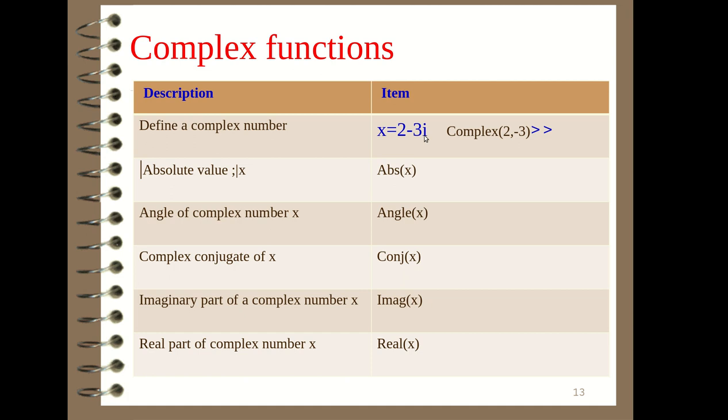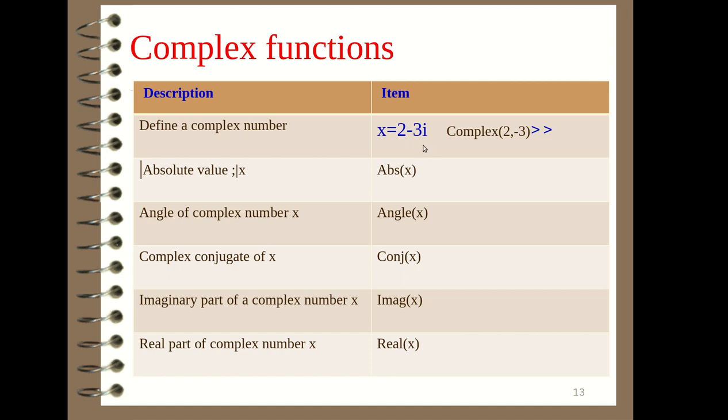So this is a complex number, and in MATLAB we express it like this: x equal to minus 3i, or 4i, 5i. This is the same expression that we usually write by hand in real mathematics. Or you can use this one, complex 2 comma minus 2, but this is in a later or newer version of MATLAB.